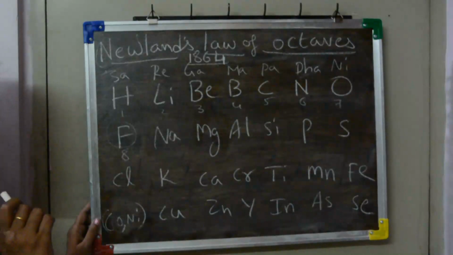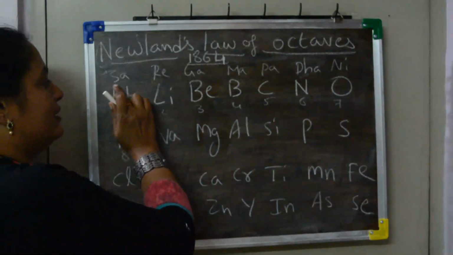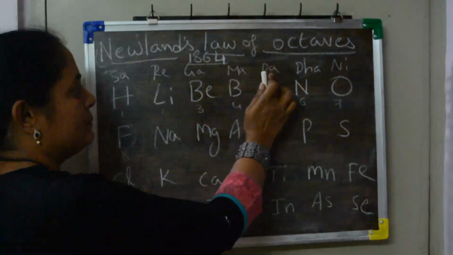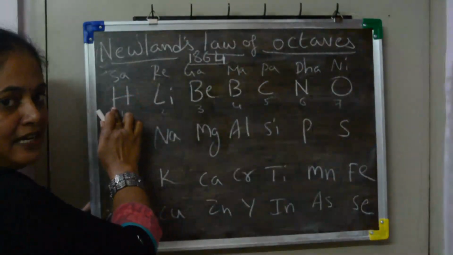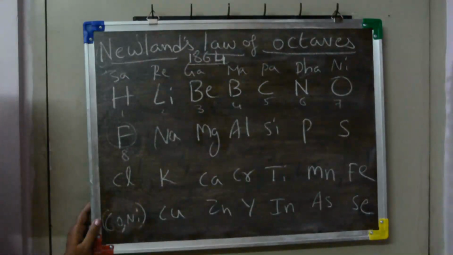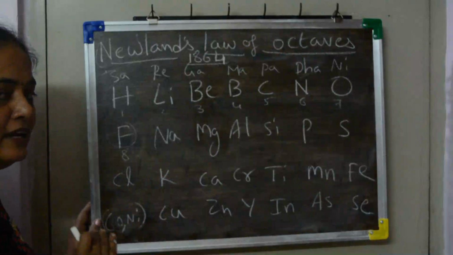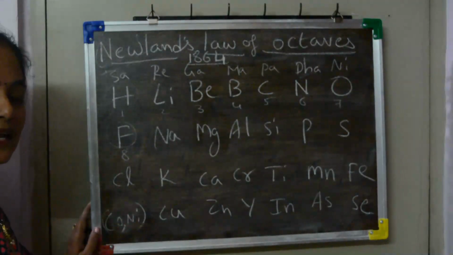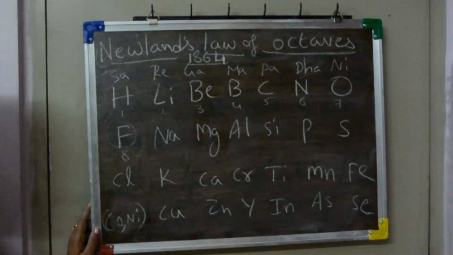And by coincidence, he noticed that the notes of music, like sa, re, ga, ma, pa, dha, ni, again sa, follow the same pattern. So he related it with the musical notes, and he said, if you arrange the elements in the increasing order of atomic mass, every eighth element shows similar properties like that of the first element.